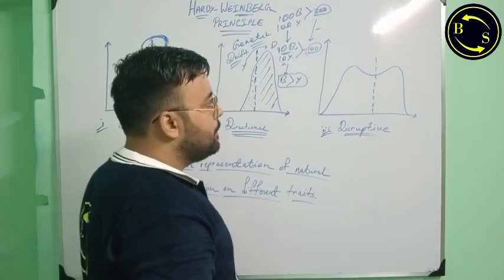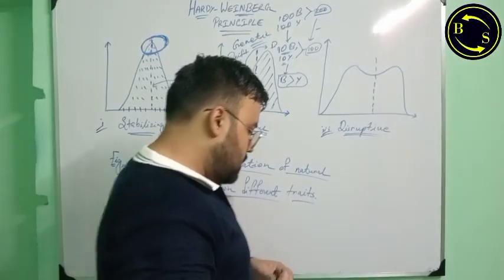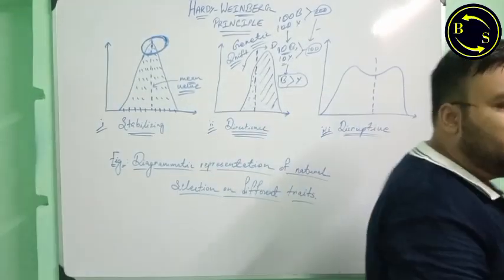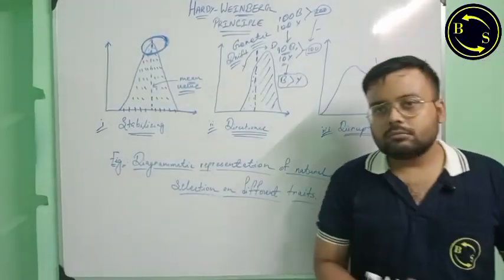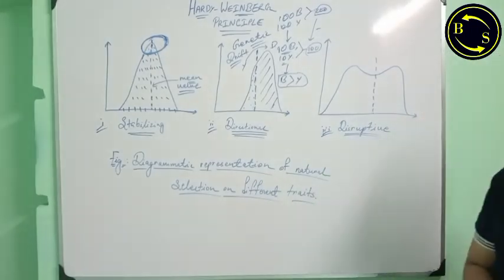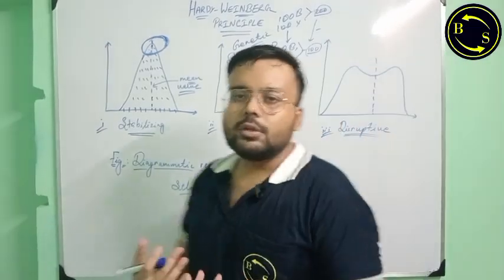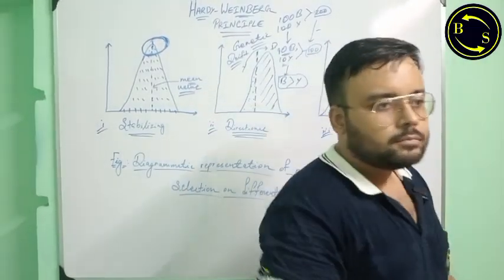Last is the disruptive. Suppose there has been a massive change in the ecosystem. Suppose the blue individuals and the yellow individuals occupied an island.